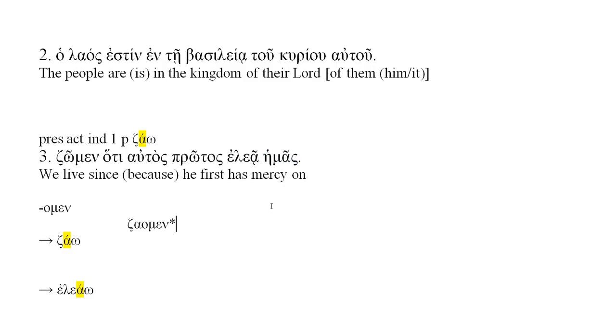So we come back over, and we have an accusative first person plural, so that would end up being us. So the meaning of the verb is have mercy on, and so here we have this preposition in English that's all included in that verb. So overall we have we live because he first has mercy on us.